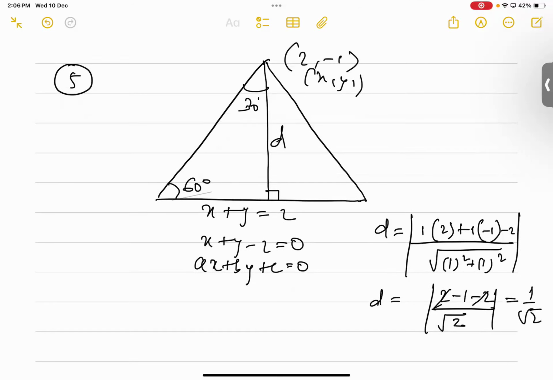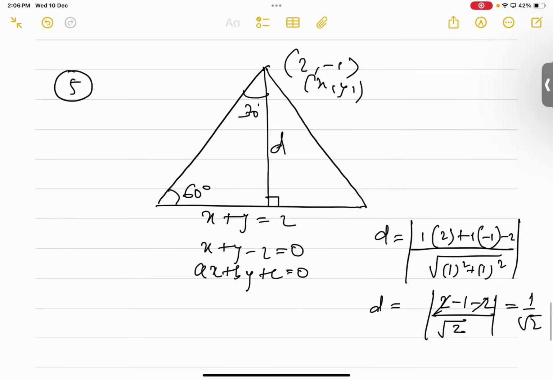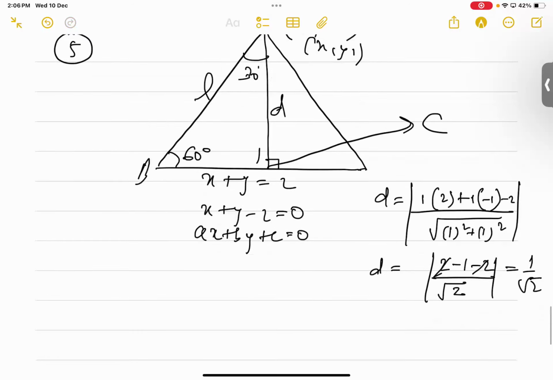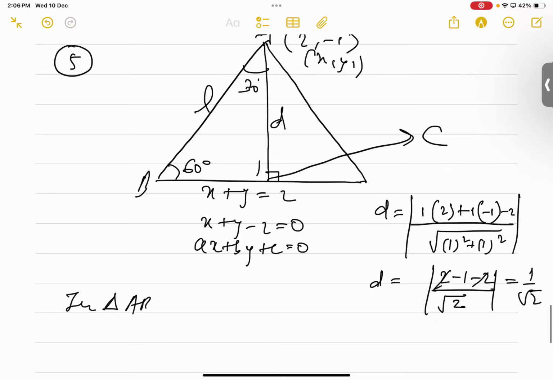We need to find out the length of the side of the triangle. Now, do you know the 30-60-90 theorem in a triangle? Side opposite to 30 degrees is half of the hypotenuse, and side opposite to 60 degrees is root 3 by 2 of the hypotenuse. So this is the hypotenuse, the length of the side L. So in triangle ABC, let this point be D. D is what?